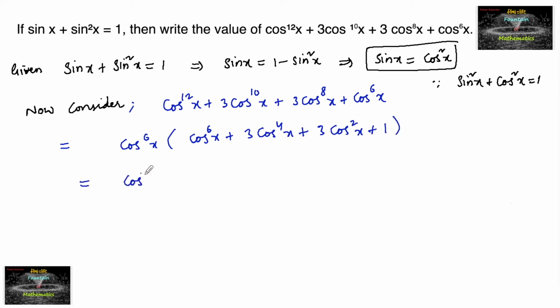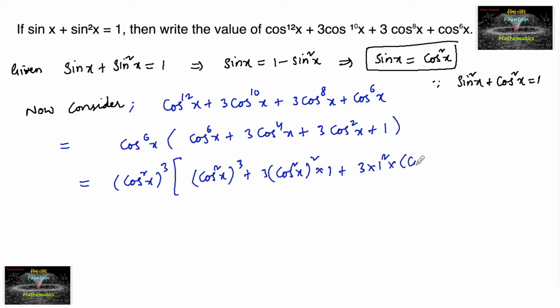So we can write this as cos square x whole cube into, in place of cos^6, we can write cos square x whole cube, and here we can write 3 into cos square x whole square into 1 plus 3 into 1 square into cos square x plus 1, we can write it as 1 cube.